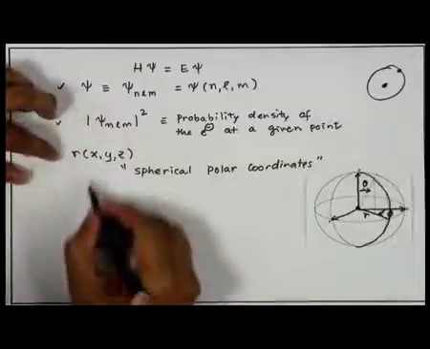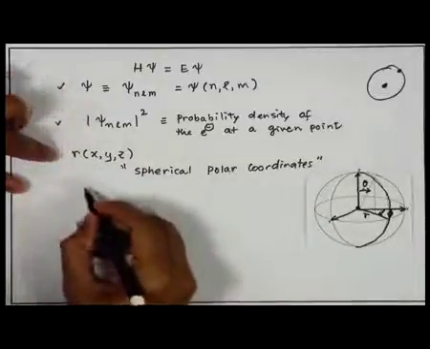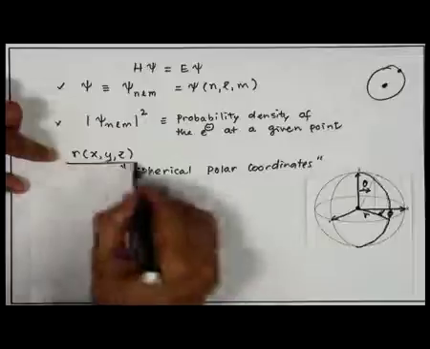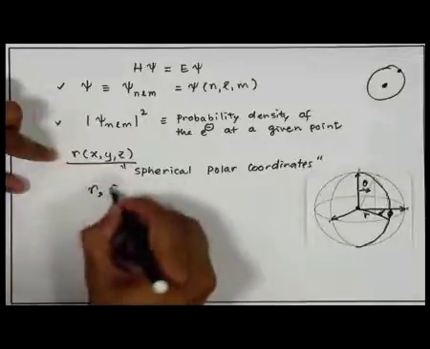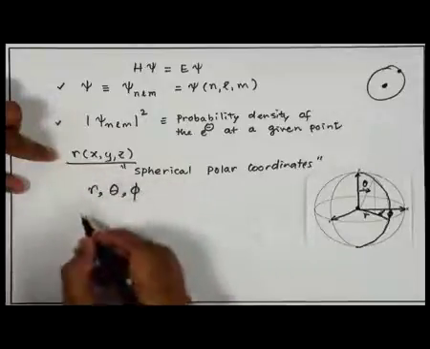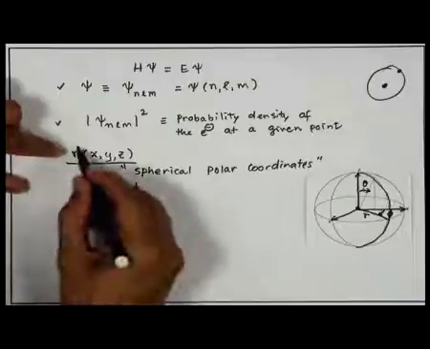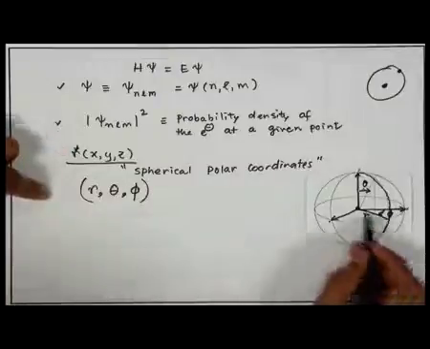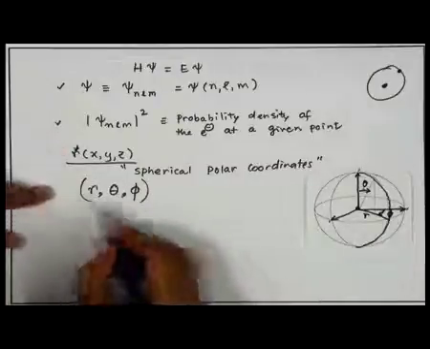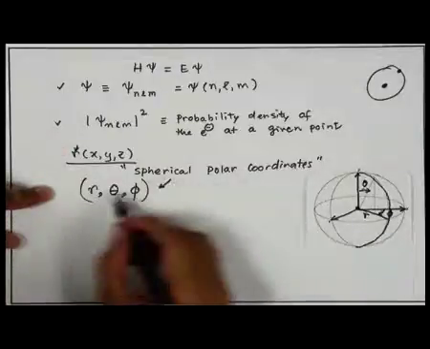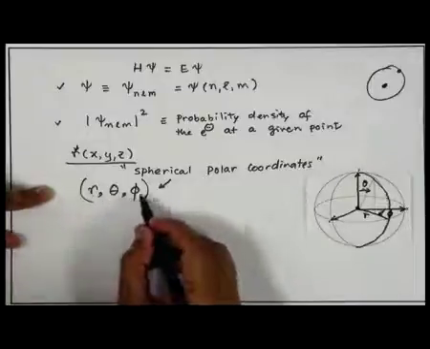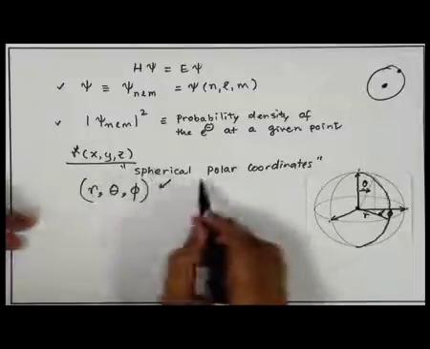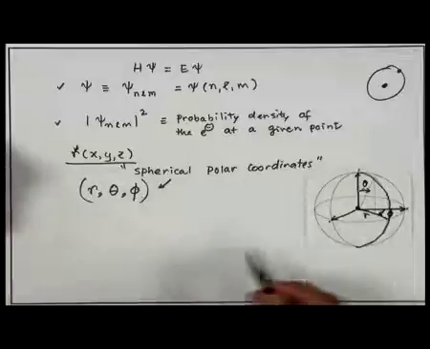So, instead of x, y, z, the position of the electron is given as r, theta, phi. This r is the radius of this sphere. So, I now have these 3 coordinates, r, theta and phi, using which I define the position of the electron.